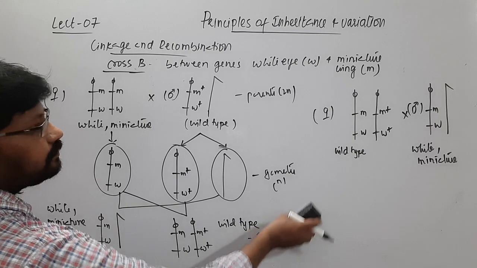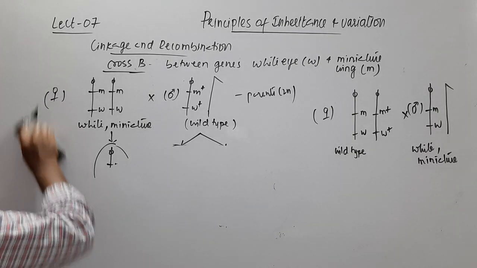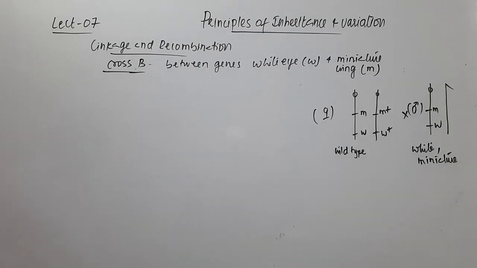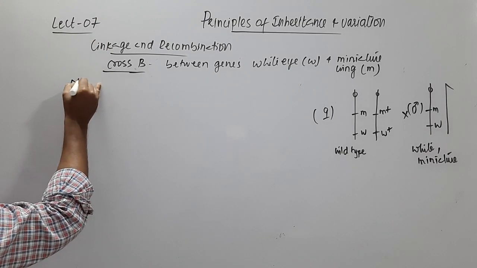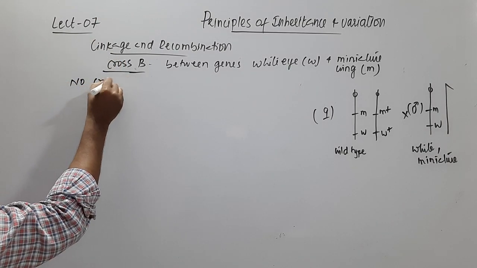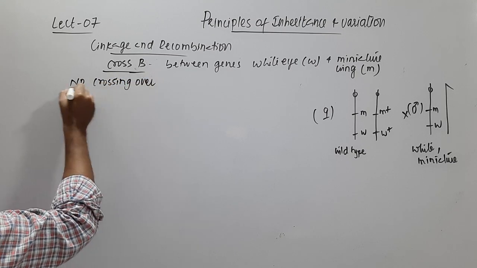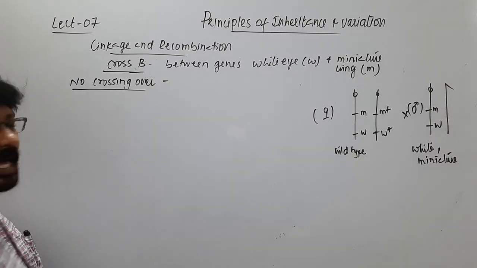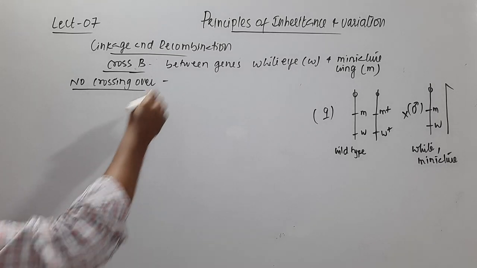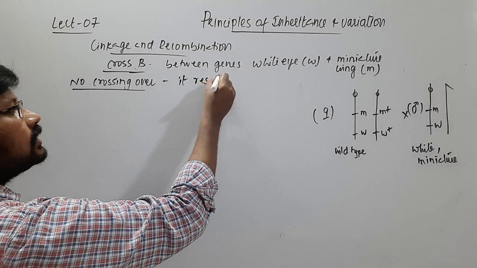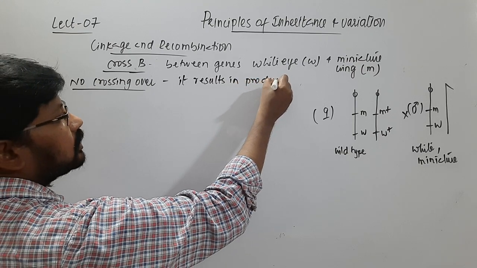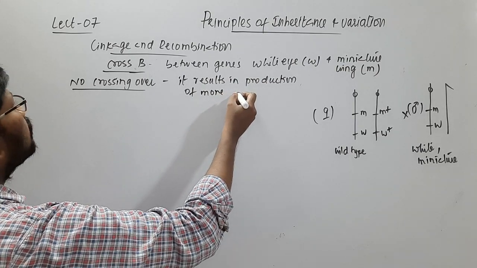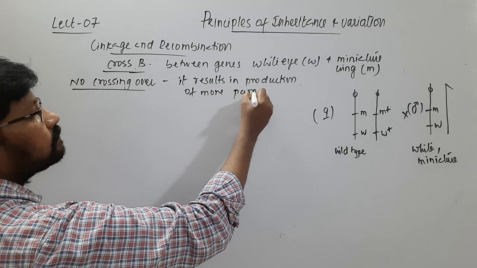So we'll see. In the first case, no crossing over. So I'm going to do no crossing over. When there is no crossing over, we know that the parental combination will be more. So it results in production of more parental combinations.